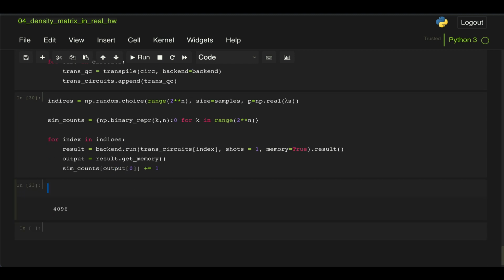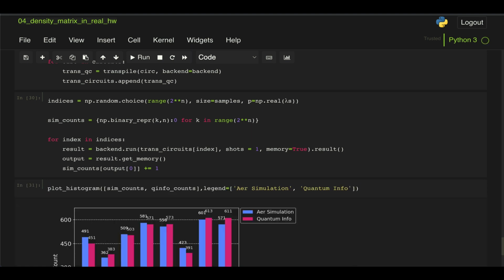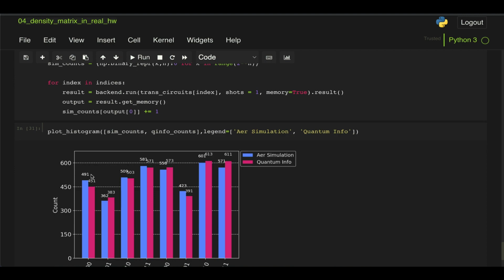And now let's go ahead and compare the results that we got from running the ideal simulation using the quantum info package and this simulation in which we have sampled over all these different circuits that came from the spectral decomposition of our input density matrix. And if we see here, the results actually are very similar to each other.